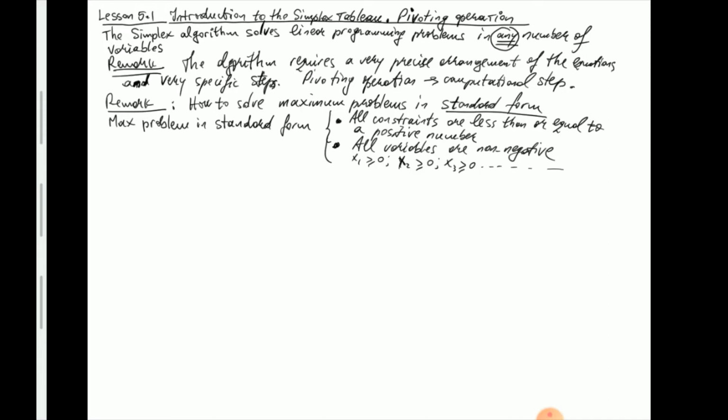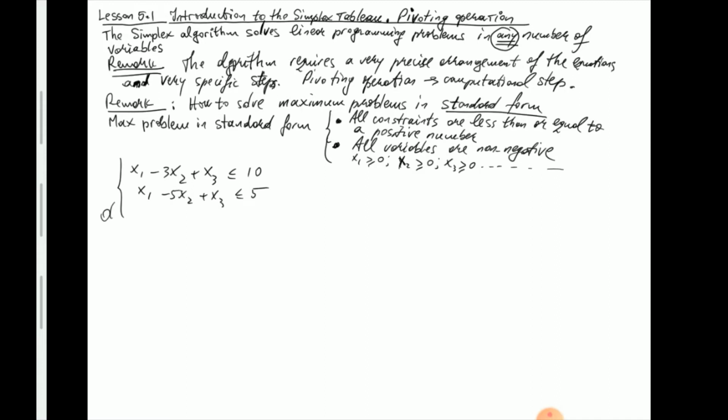So on this page, let's give a couple of examples of problems in standard form and not in standard form. Suppose, for example, that we have x1 minus 3x2 plus x3 less than or equal to 10, x1 minus 5x2 plus x3 less than or equal to 5, and these are the constraints.